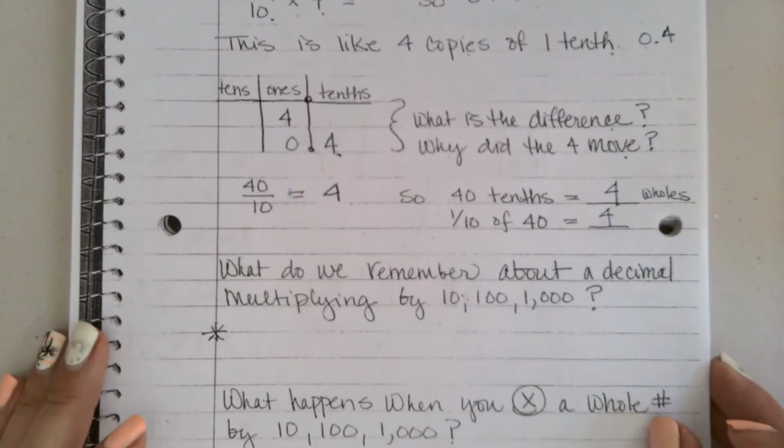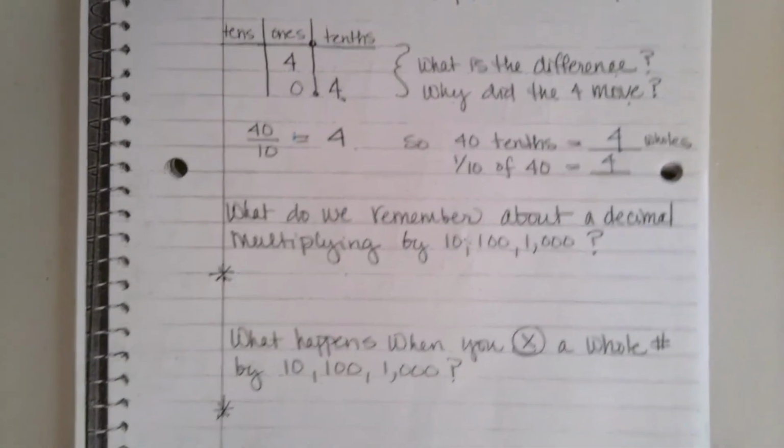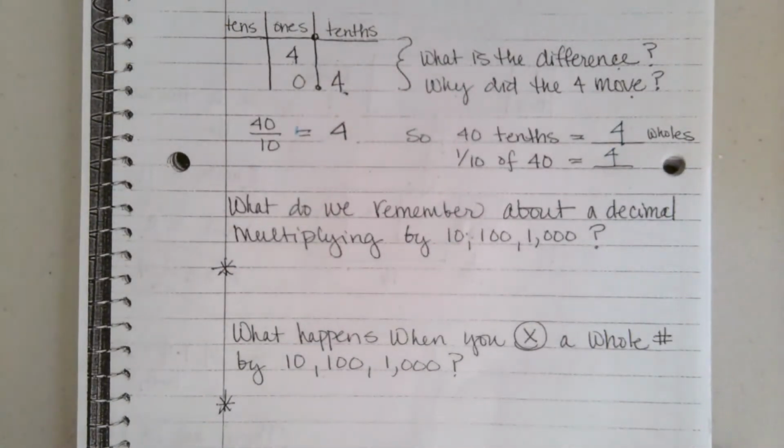All right, so let's go back to module 1, if you will. What do we remember about a decimal? Multiplying by 10, 100, or 1,000.